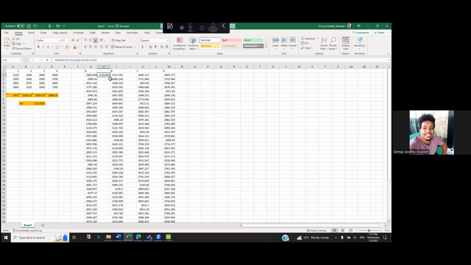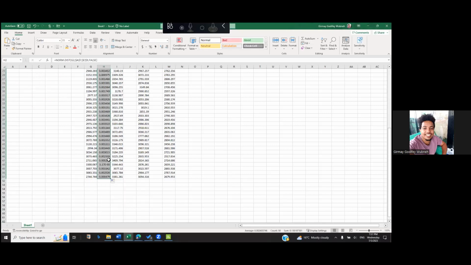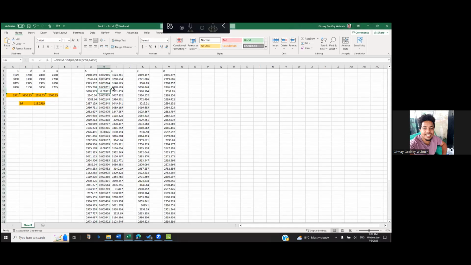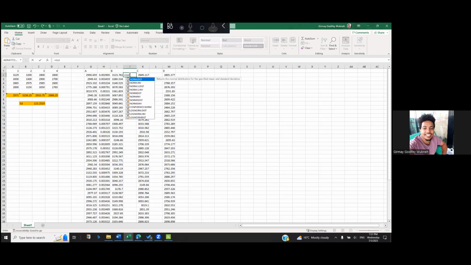So just double click to get the PDF function or y value for the probability plot. Similarly for the next one, norm dist: x is this one, comma, mean, comma, standard deviation, comma, false.